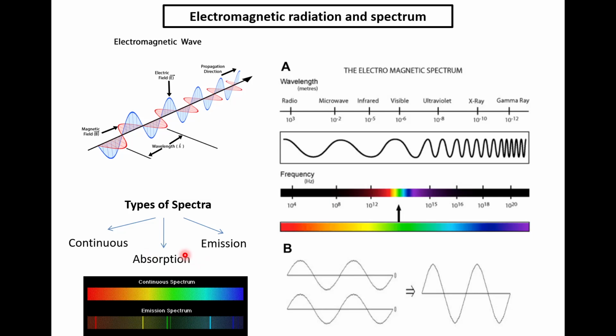Now, if you consider an absorption spectrum, this means that you are using a particular wavelength of light to excite an electron. Those electrons will absorb that particular wavelength of light and move from the ground state to the higher energy levels, the excited states.